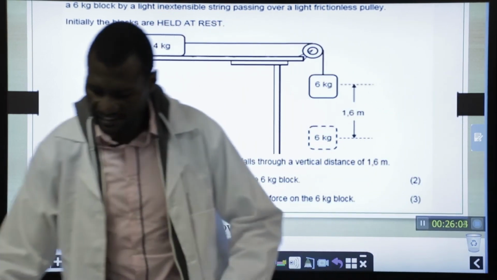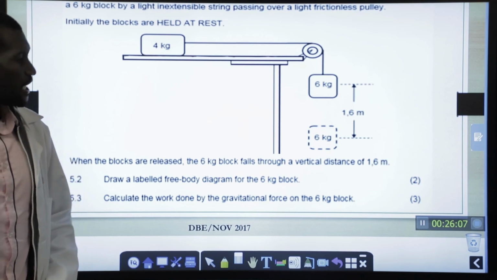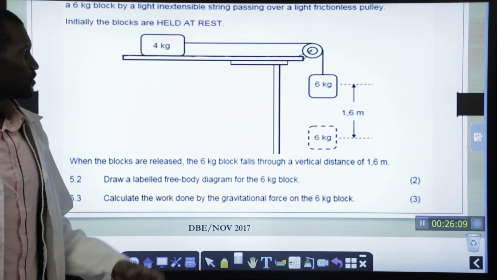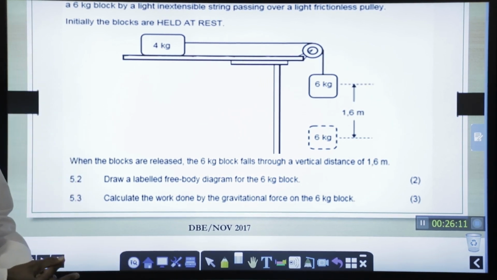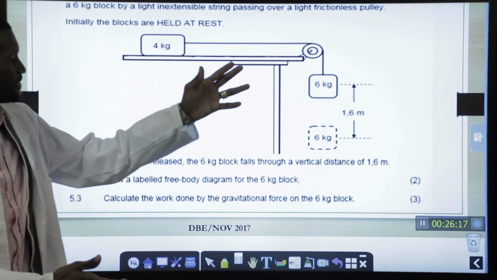So, what is it that we have discovered right now? Well, we have been able to use aspects of Newton's second law. We have been able to use aspects of weight.